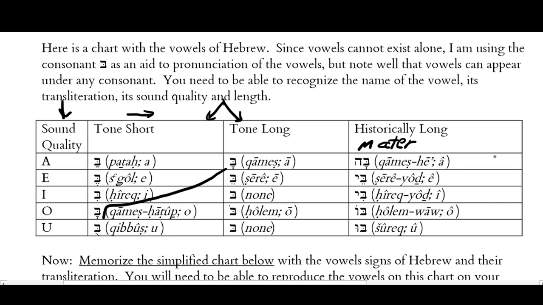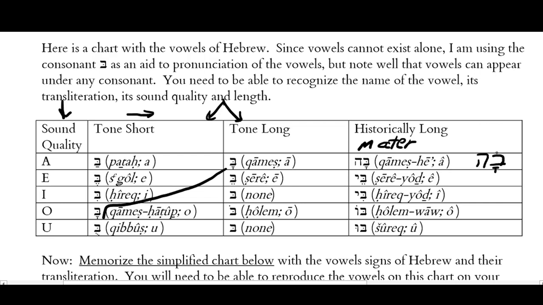So to think of it another way, when the Masoretes came to a word that was marked with a hey marking a vowel, what they did was they said, hey, pardon the pun, that's a bet with a long A after it. And so we're going to put our tone long A vowel point, this kametz symbol, right underneath the bet. We're going to leave the mater hey there, and the kametz and the hey together now will form a compound vowel marking to go with the bet.